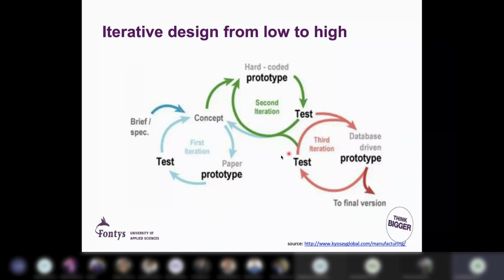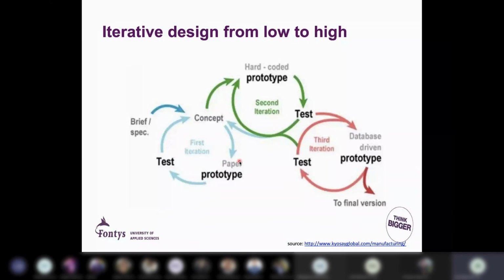It could be that you validate certain ideas here, but you cannot validate other ideas only with paper. So maybe that's the step that you drastically need. Even with a paper prototype, if you validate your ideas, if you see the results are promising, you could jump to the final version.